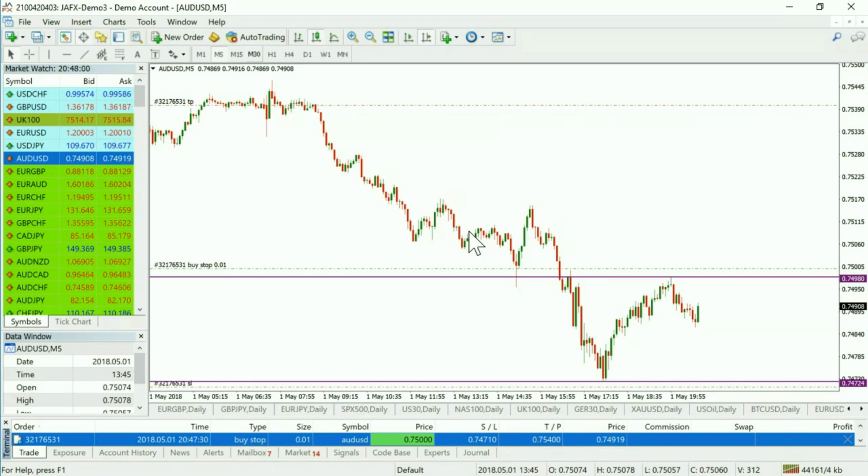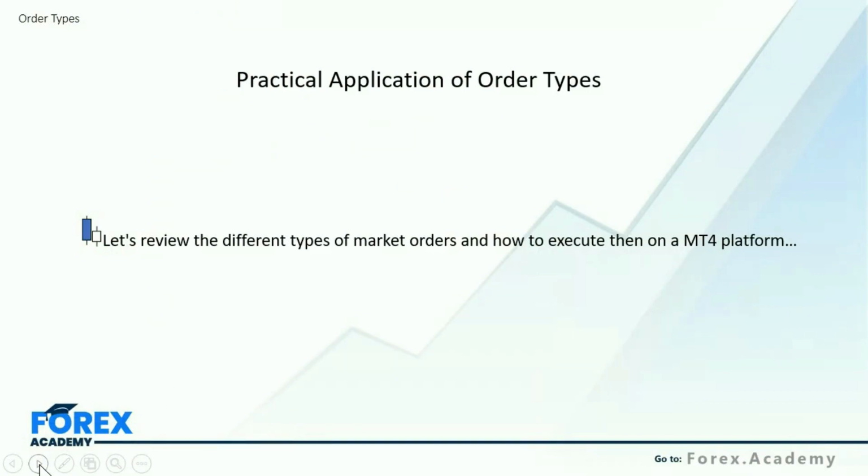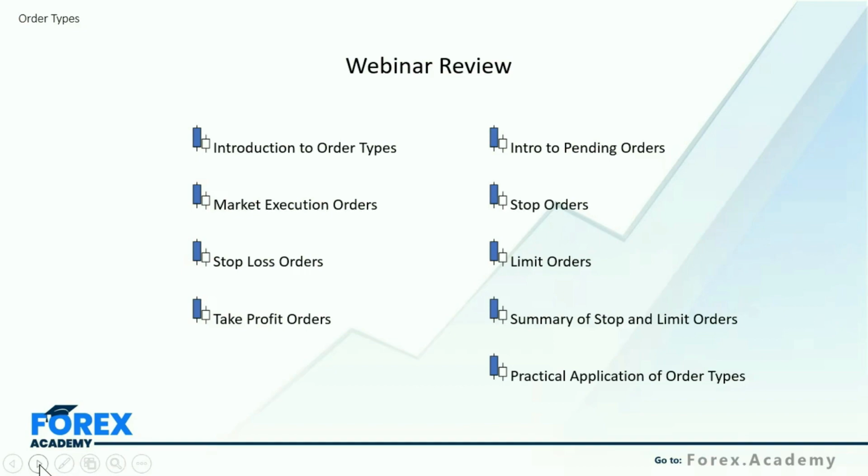And that is a practical explanation of how to go about placing a market order and the 4 different types of pending orders, all with stop losses and take profit orders built into them. So we've had hopefully a comprehensive review of all the different types of order types that can be used when trading these markets.